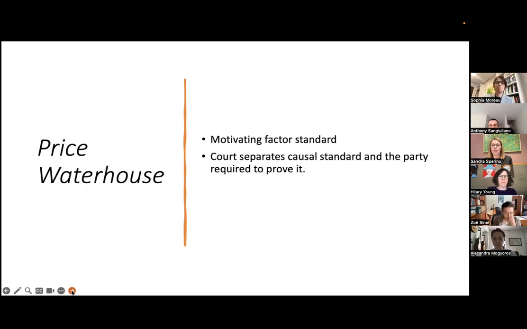However, the court gave the defendant an affirmative defense to both liability and damages. If it can prove that it still would have made the same decision absent any of the sex discriminatory comments or motive, then it wins the lawsuit.